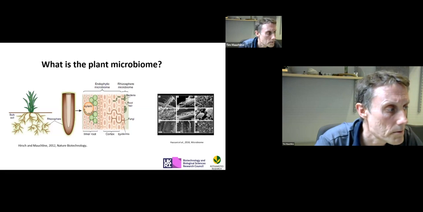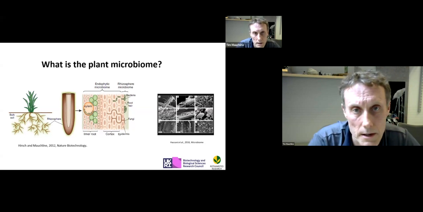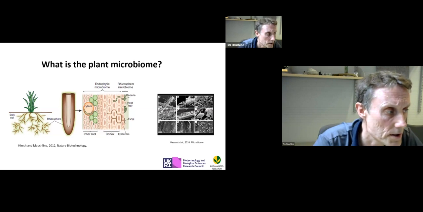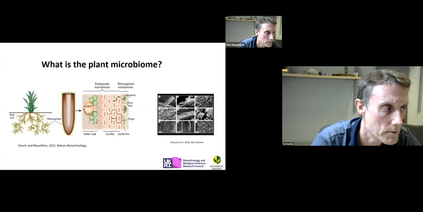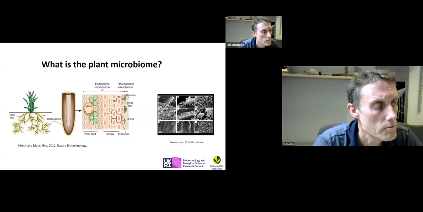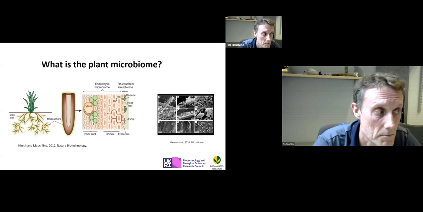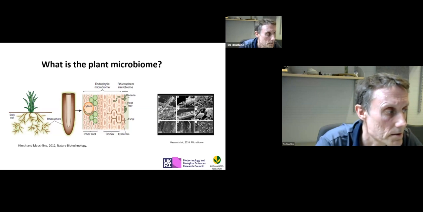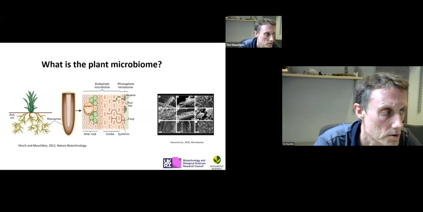Below ground, we can think about the rhizosphere, which is the soil closely associated with the root system. Closer to the root system again, we can think about the rhizoplane. And the actual root microbiome, which is mainly composed of those two elements, is generally selected from the bulk soil.